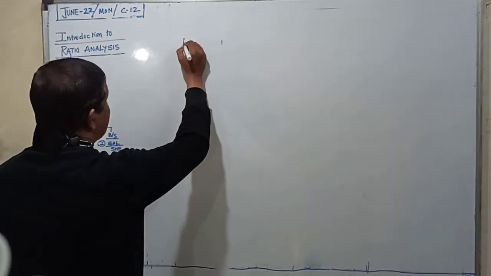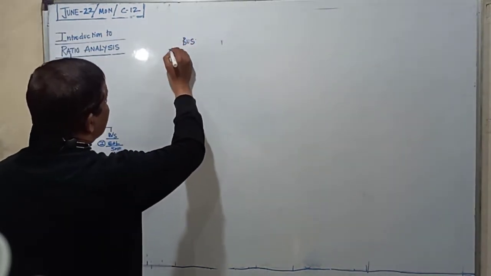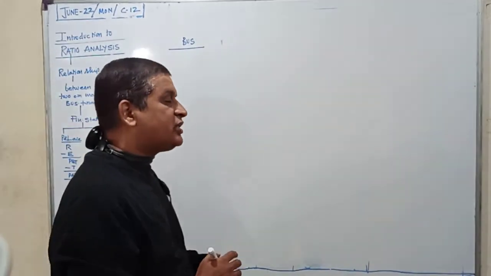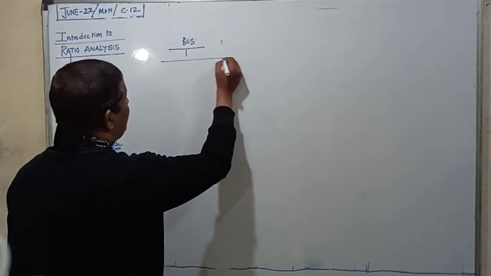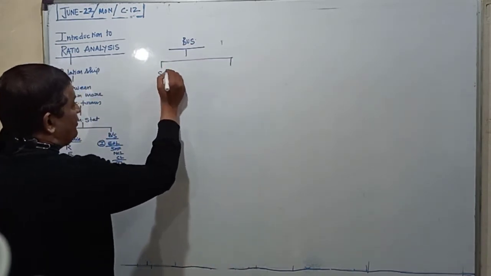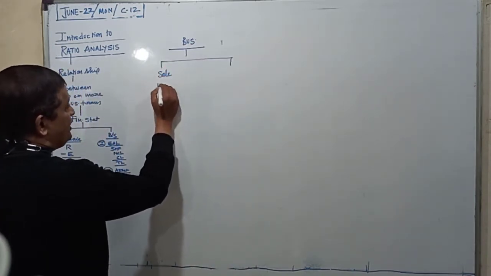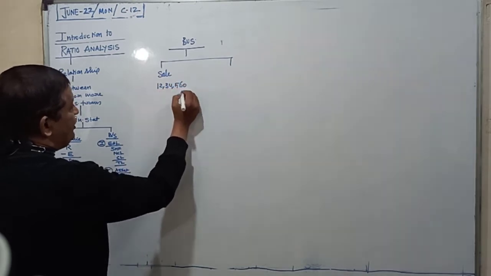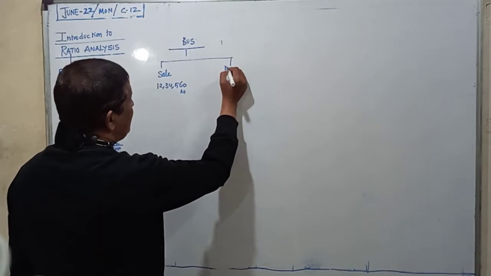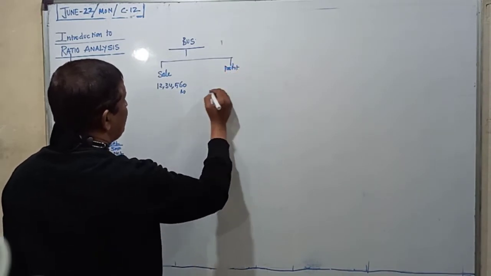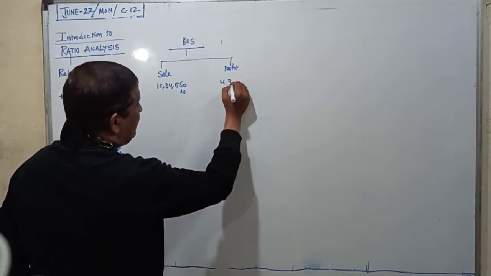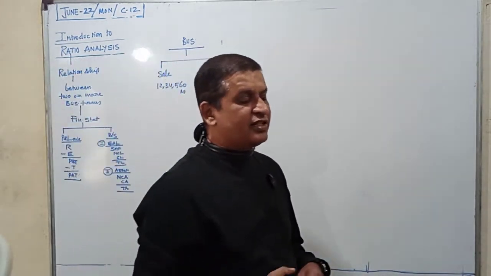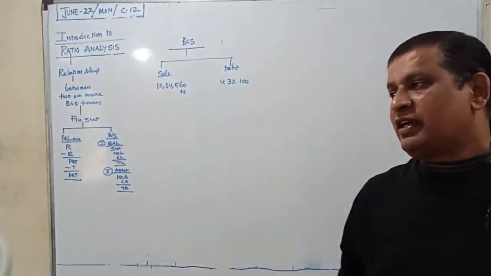Suppose you are doing a business and somebody asks you how your business is doing. You say that on a sale of 12 lakh 34,560 rupees, my business made a profit of 4,32,100 rupees.